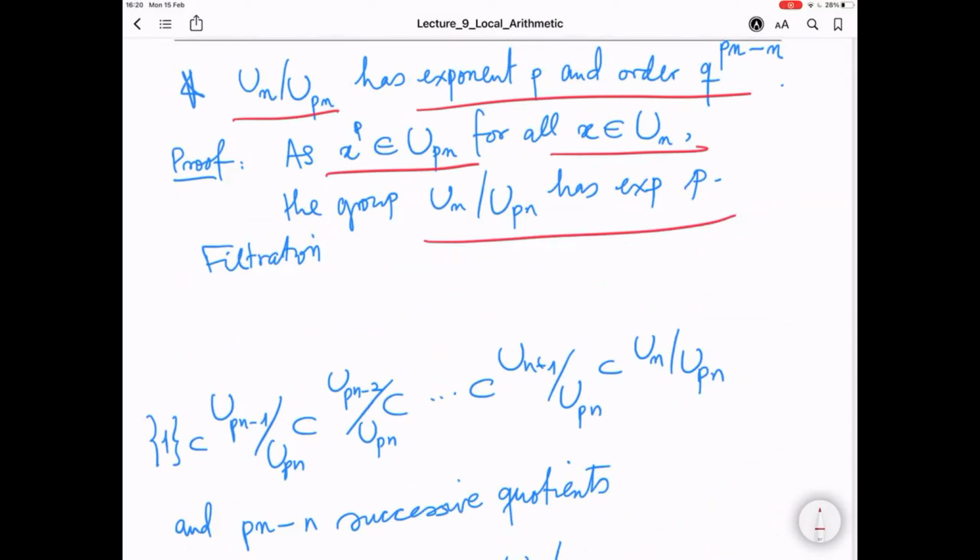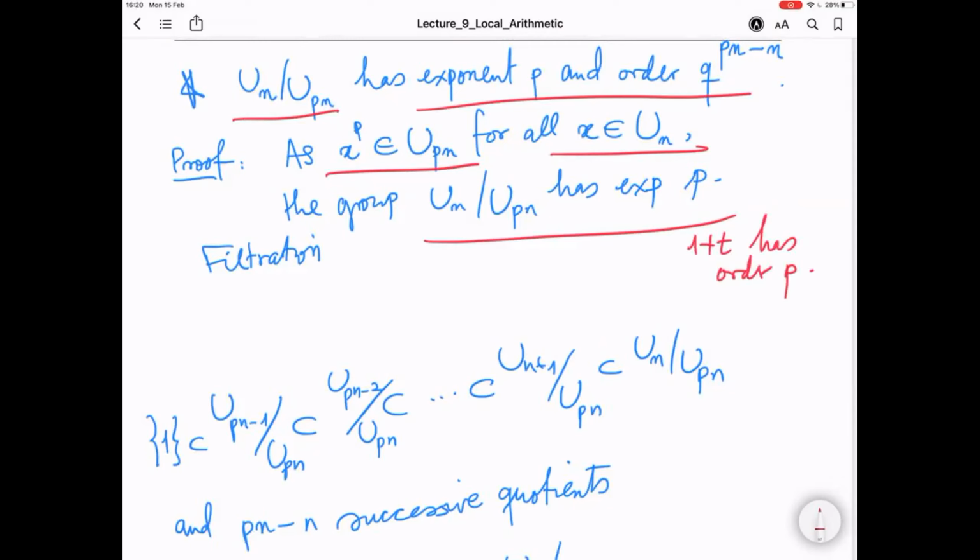So this group has exponent dividing p, but then I could say that 1 plus t, for example, has order p.